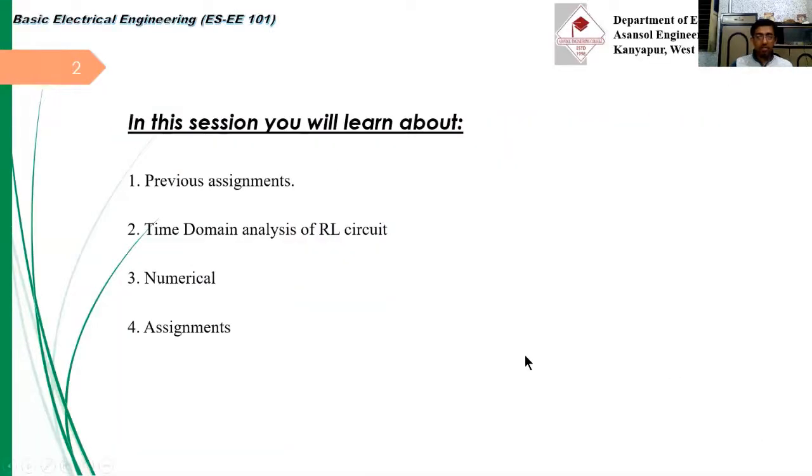In this session, you will learn about the time domain analysis of RL circuit. In previous classes, I discussed when, with a voltage source or current source, one resistor is either attached in series or parallel, or the inductors are connected in series or parallel.